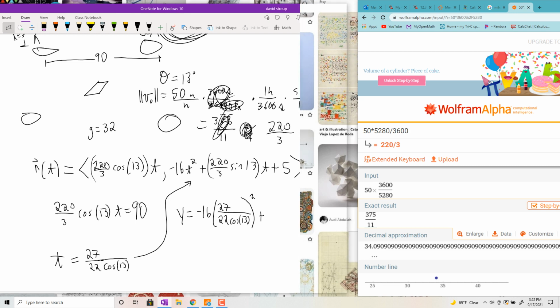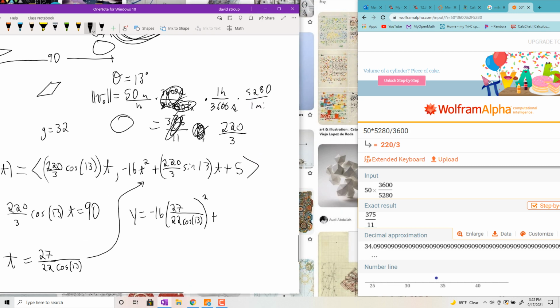I'm trying to give myself a little more room. 220 all over 3 sine of 13 times the 27 over 22 cosine of 13. See what a mess this is.